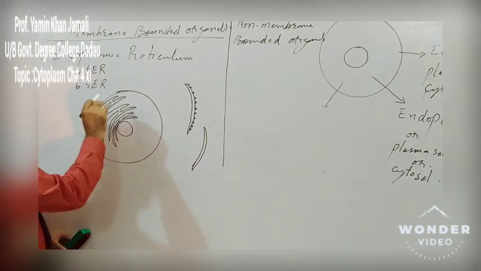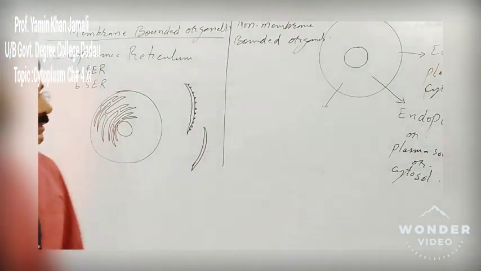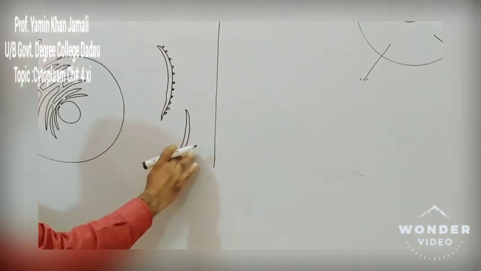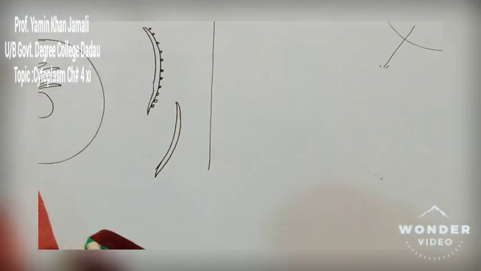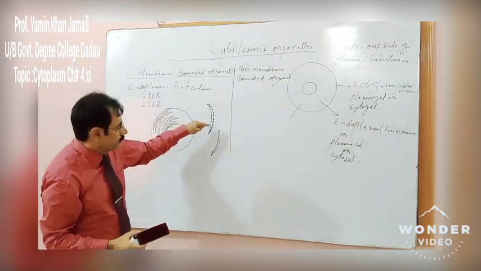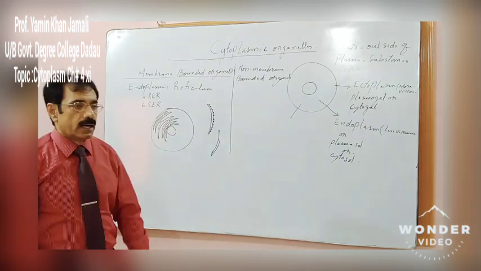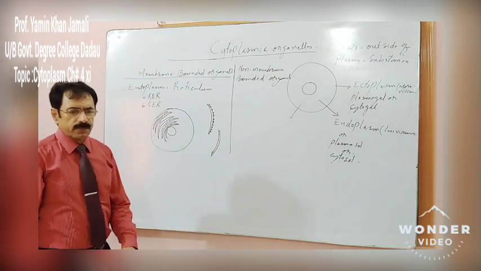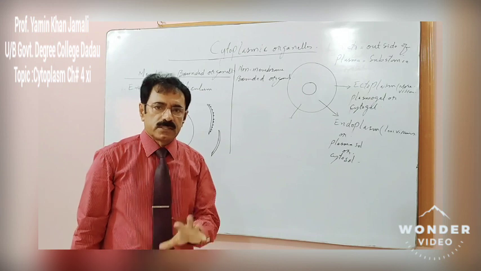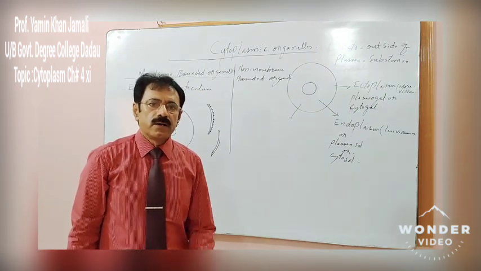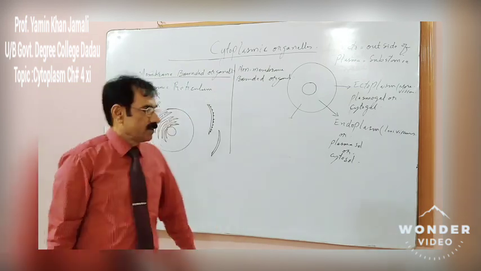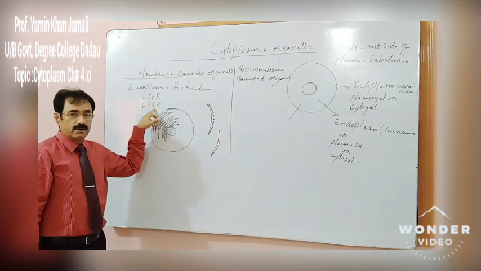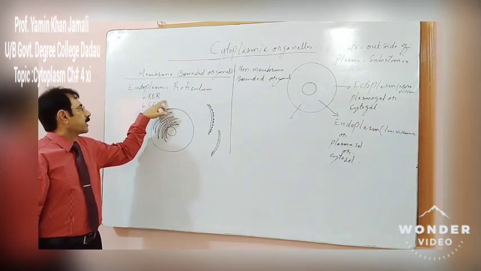That means rough or granulated endoplasmic reticulum is associated with ribosomes. The smooth endoplasmic reticulum has no granules of ribosomes, that means it is smooth and not associated with ribosomes. Both types are seen in all types of cells, but some cells have a good number of rough endoplasmic reticulum, and some cells have a good amount of smooth endoplasmic reticulum.